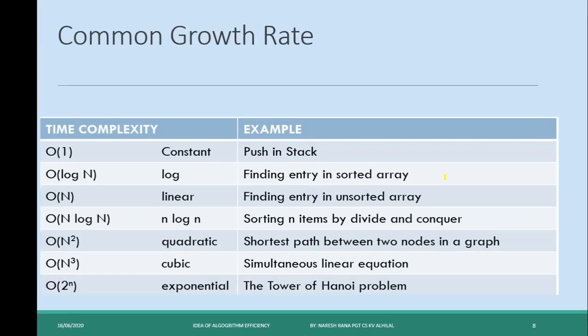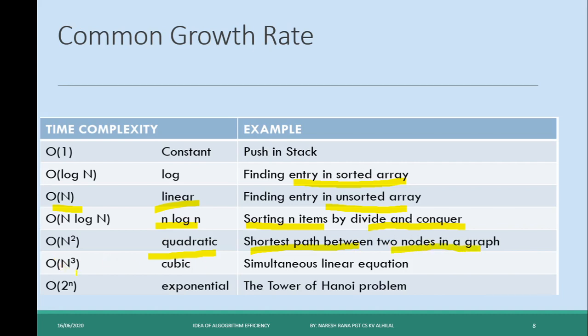Common growth rates and time complexities: O(1) is constant, for example push in a stack. O(log n) is logarithmic, for example finding an entry in a sorted array. O(n) is linear, for example finding an entry in an unsorted array. O(n log n) is for sorting n items by dividing and conquering. O(n squared) is quadratic, for example the shortest path between two nodes in a graph.